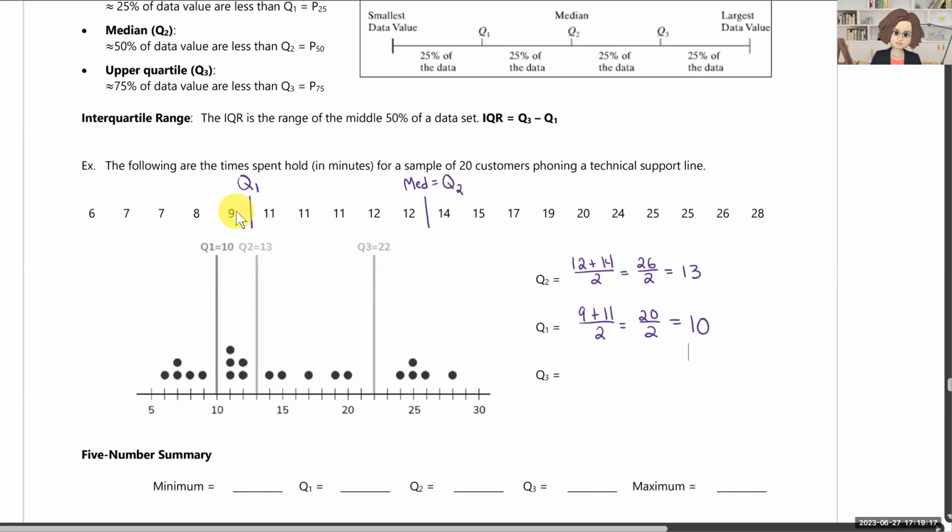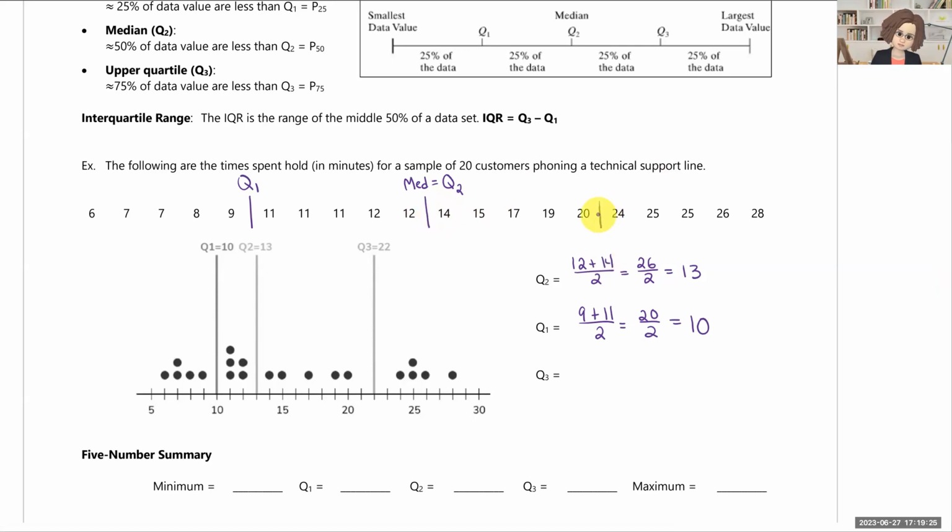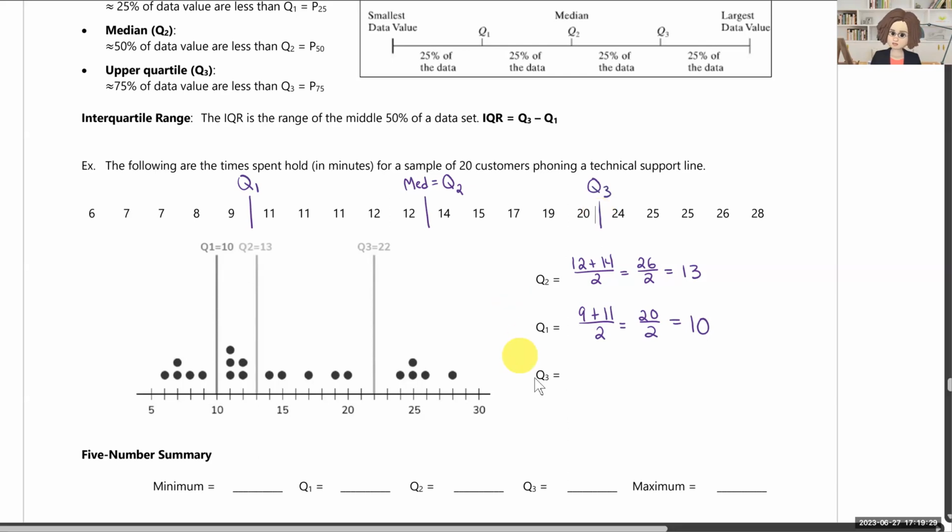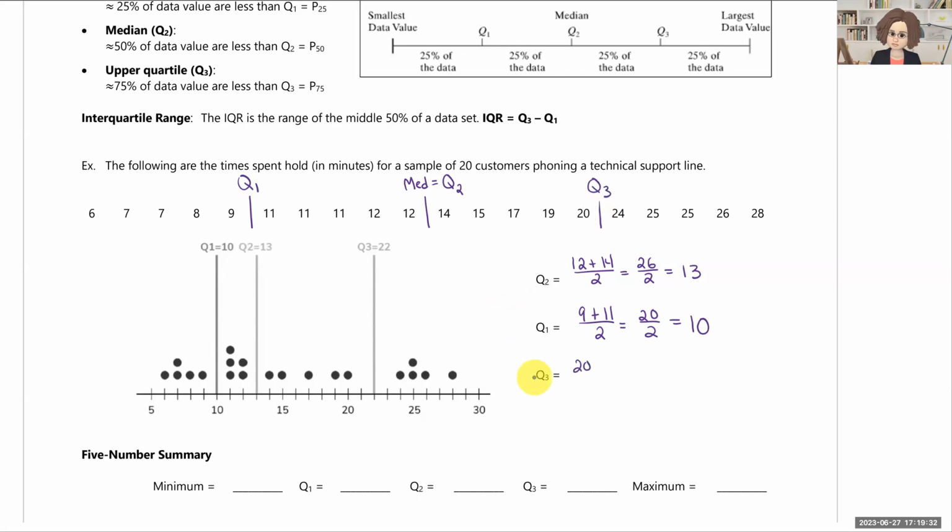And then Q3, we just find the middle of those 10 numbers to the right of the median, and that will be between the 20 and the 24. That's our third quartile. So we'll just average 20 and 24. In this case, that will be 44 over 2, or 22.